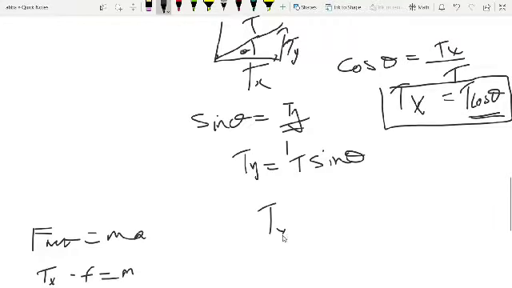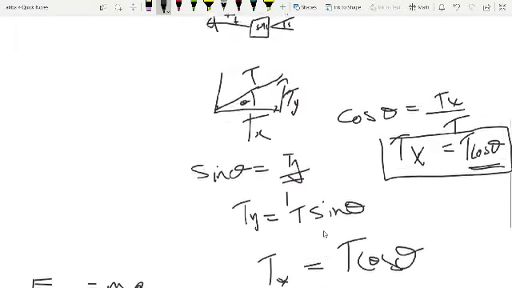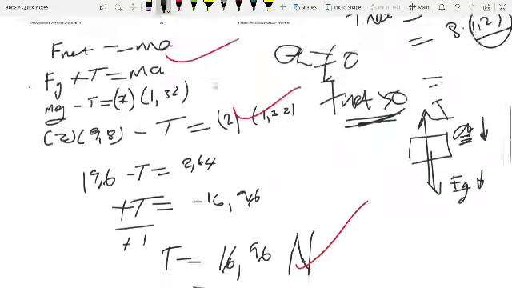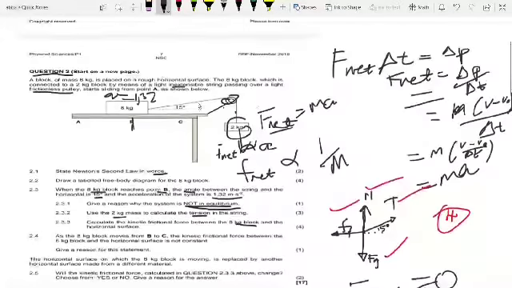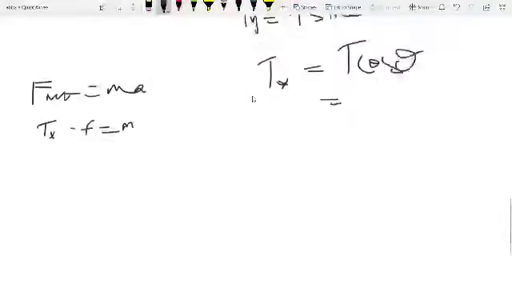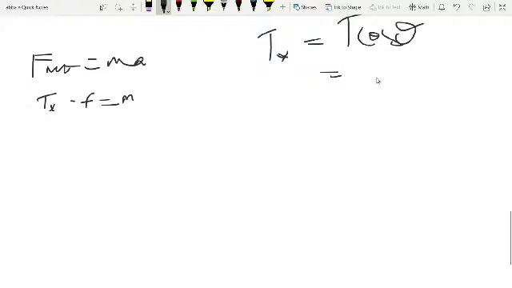T at x is going to be equal to the tension cos theta, right? The tension that we found here is true for all the tension that is here. Now we're going to add that value here.